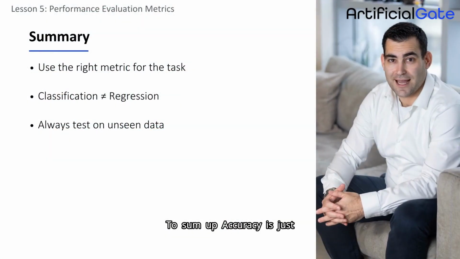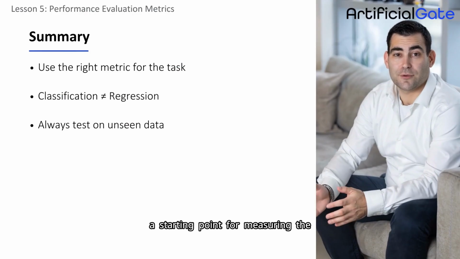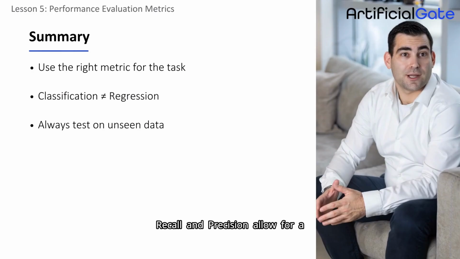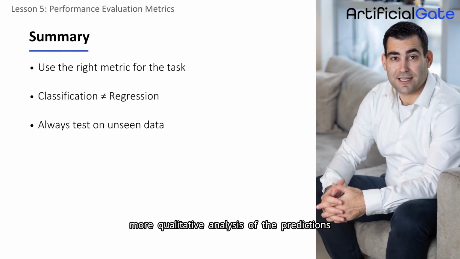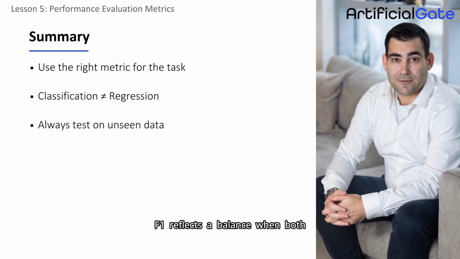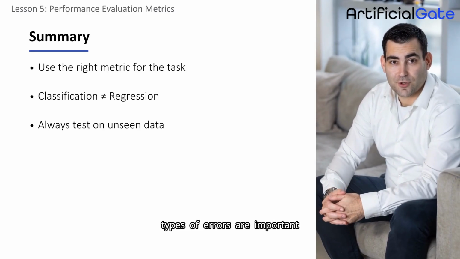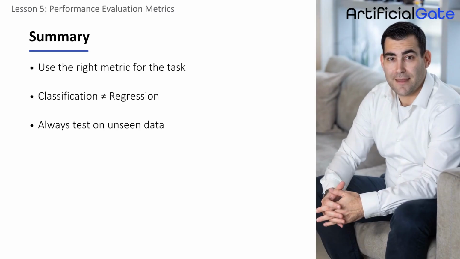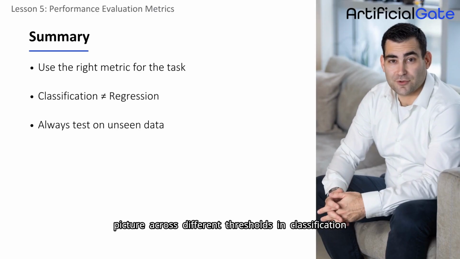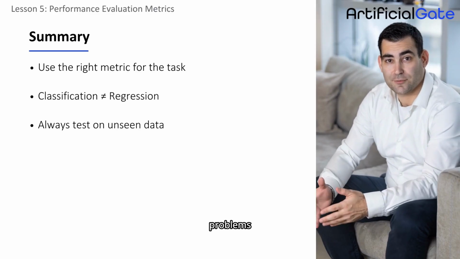To sum up, accuracy is just a starting point for measuring the model's performance. Recall and precision allow for a more qualitative analysis of the predictions. F1 reflects a balance when both types of errors are important. AUC and ROC provide a broader picture across different thresholds in classification problems.